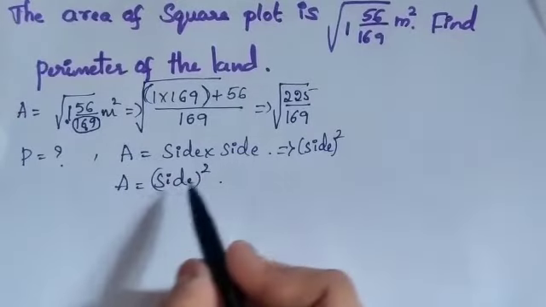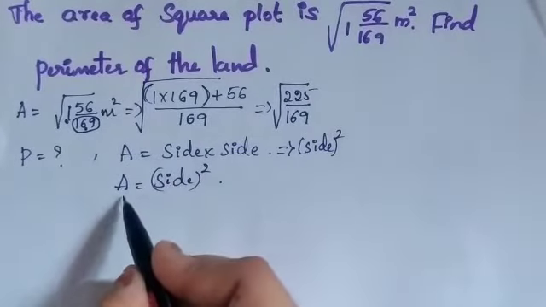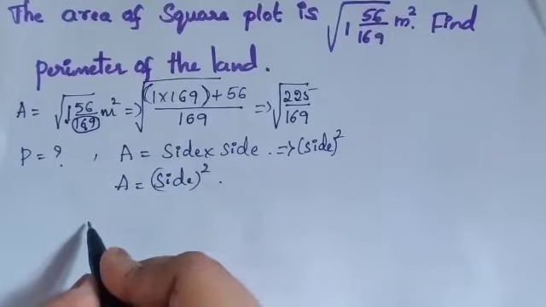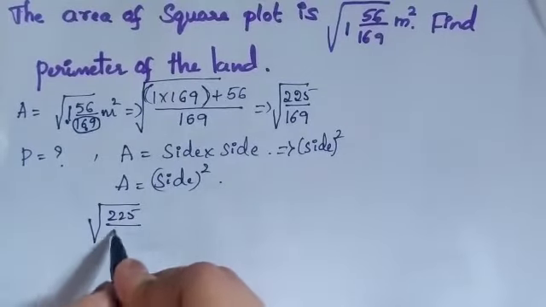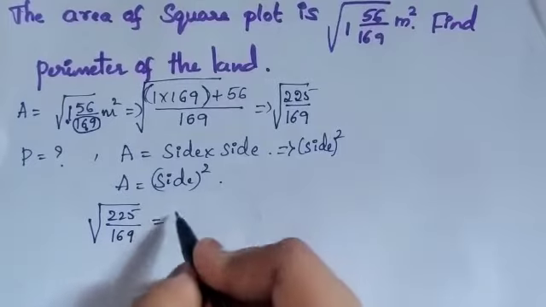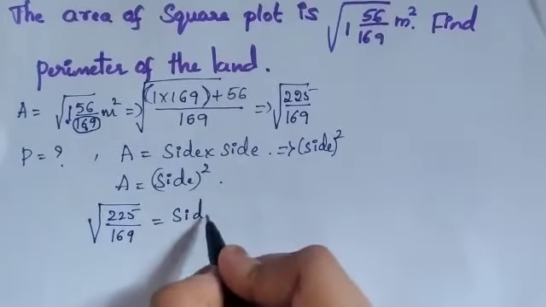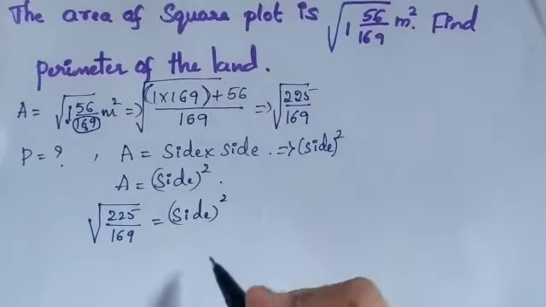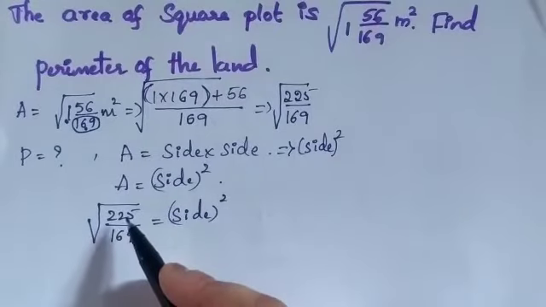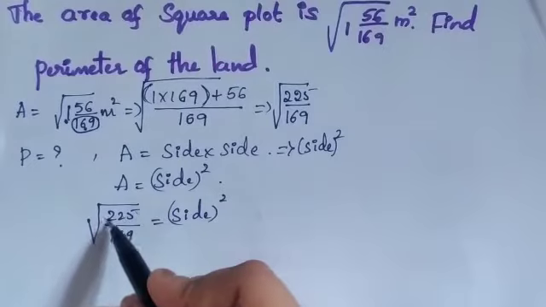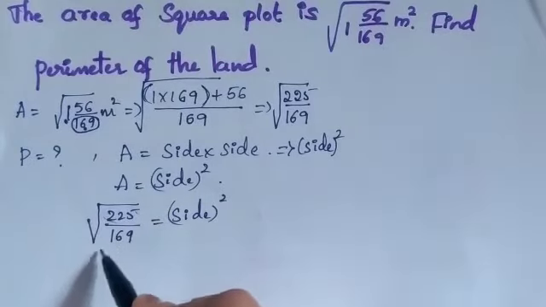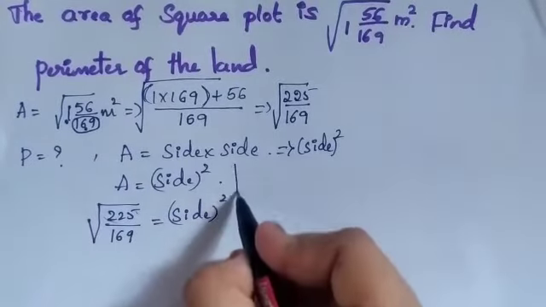So what is this side we want? So area value we can substitute. Area will be equals to square root of 225 divided by 169 equals side whole square, as it is I have taken. So square root of 225 divided by 169. You know what is the square root of 225, and also you know what is the square root of 169. Let me write that.